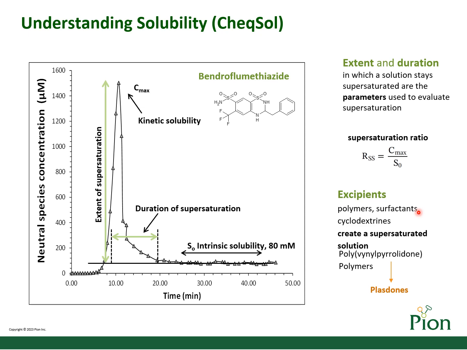The key here is to keep the compound in the supersaturated state, when the drug has the maximum solubility, long enough to give the drug time to be absorbed in the system. One of the strategies is to use excipients or additives. And in the next slides, I'm going to show you some examples where we have enhanced solubility using Plasdones as excipients.